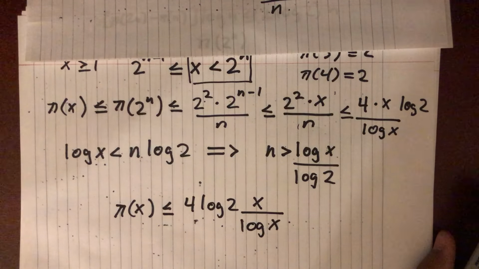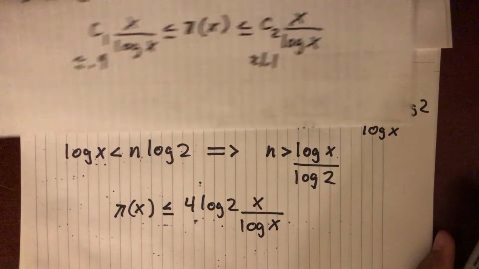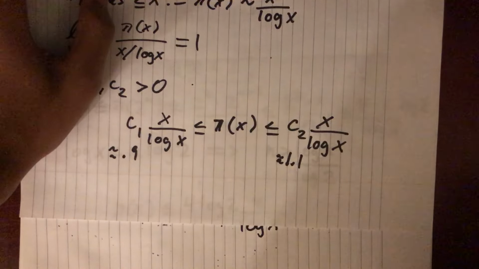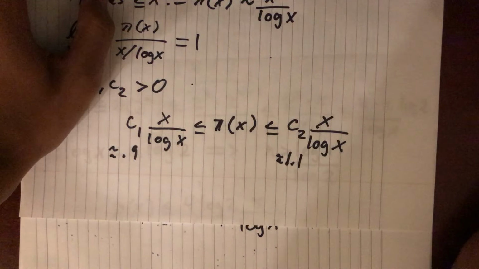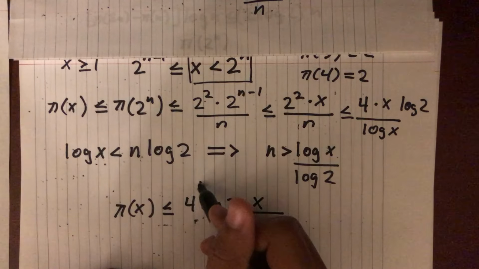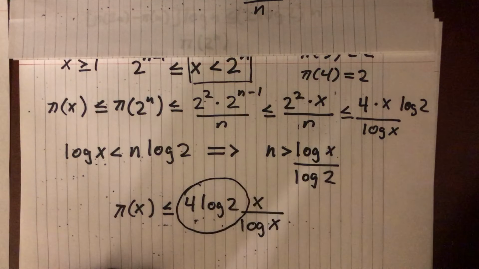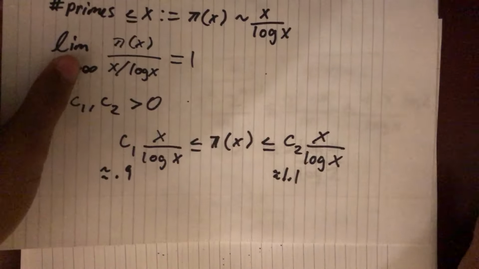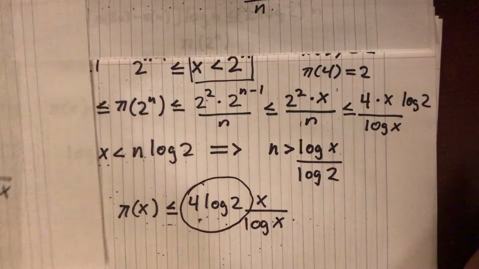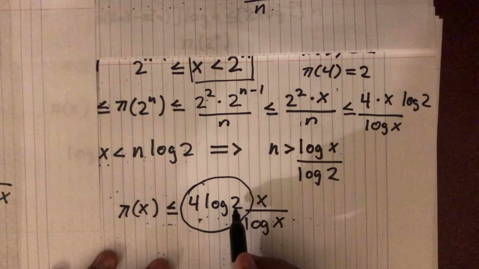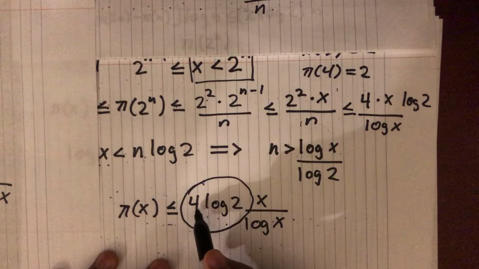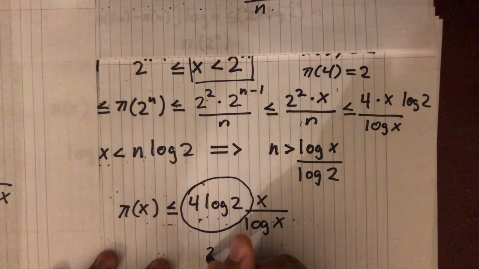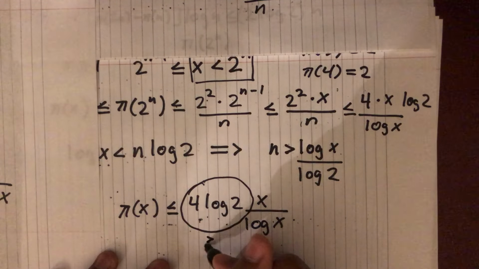And that's exactly what we wanted, right? We wanted to find a constant c2 so that pi of x is less than c2 times x over log x. So that's our constant, and that's our first half of Chebyshev's theorem. Log 2 is about 0.6 something, so this constant is greater than 2.